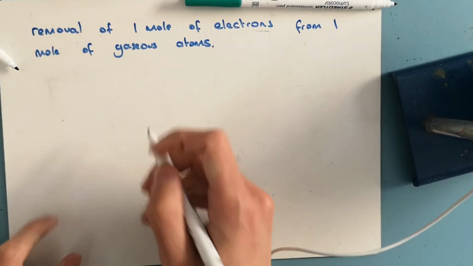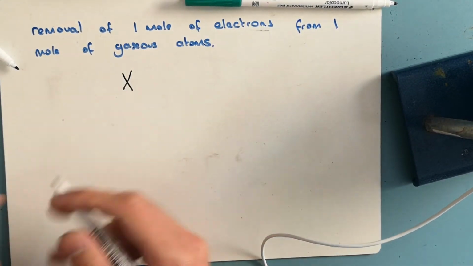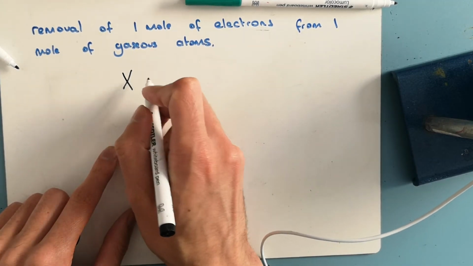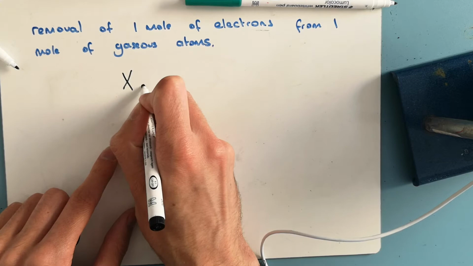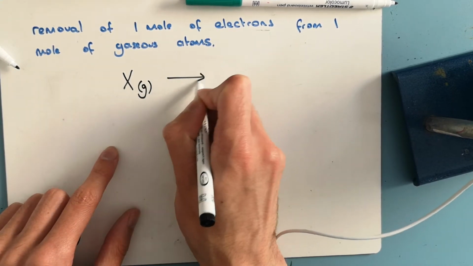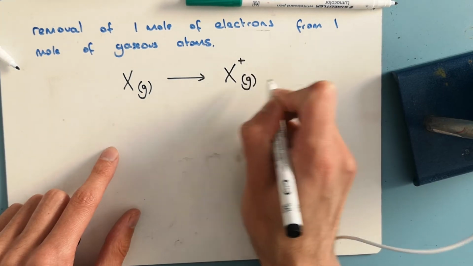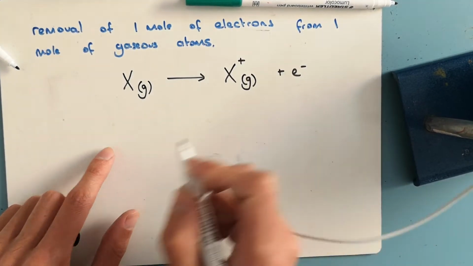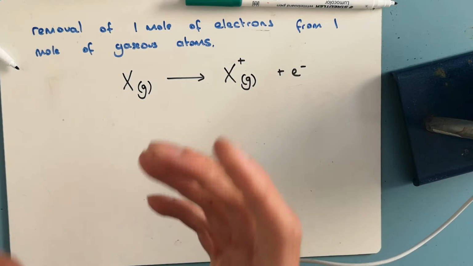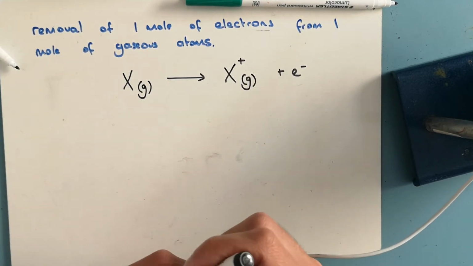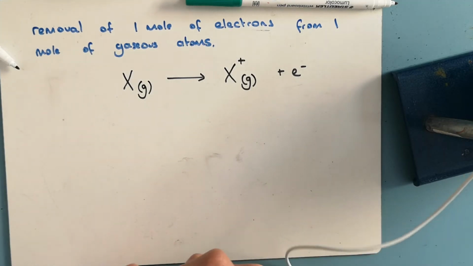So an equation for this would be if we take any element and work out its first ionization energy, it'd be X, and we need it to be a gas. And this is going to go to X plus gaseous plus an electron. So each atom in a mole of atoms is going to lose 1 electron.